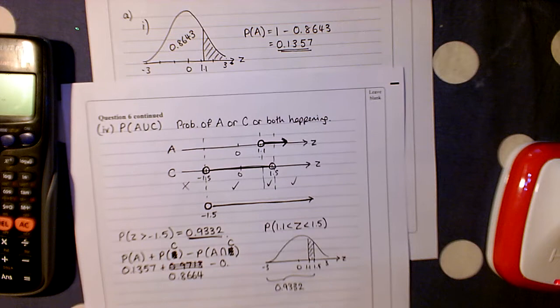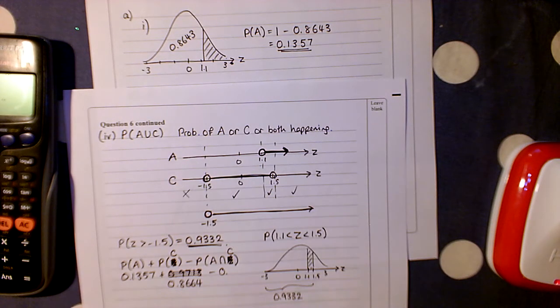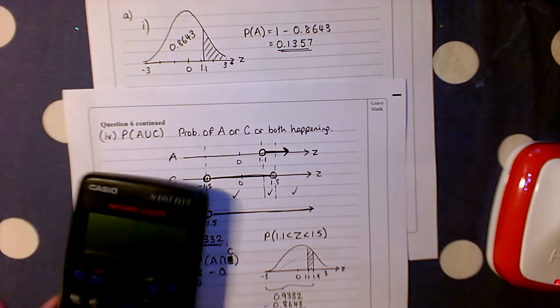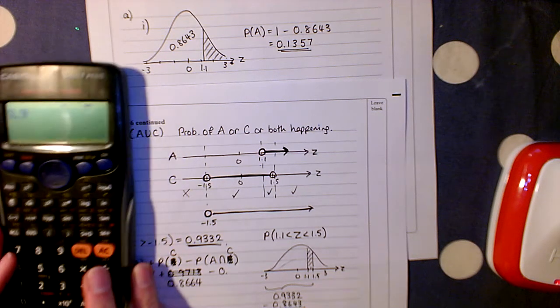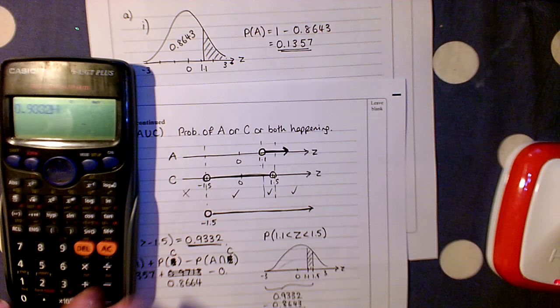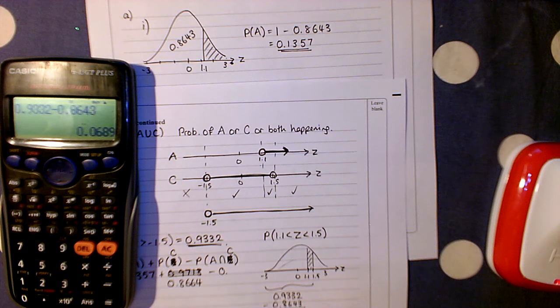And then for 1.1, we have information about that being 0.8643. So we'd have to subtract that to find this little section, which is the probability of A and C happening. So let's work that out. 0.9332, take away 0.8643 is 0.0689. So that's what we would need to subtract here.